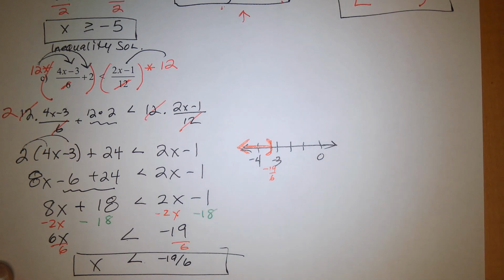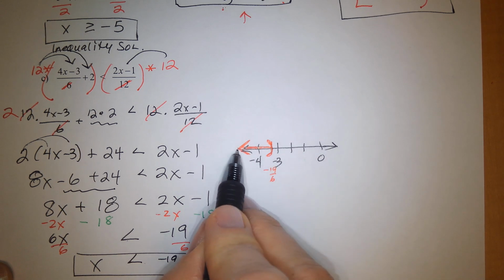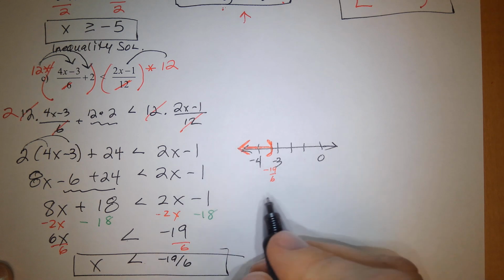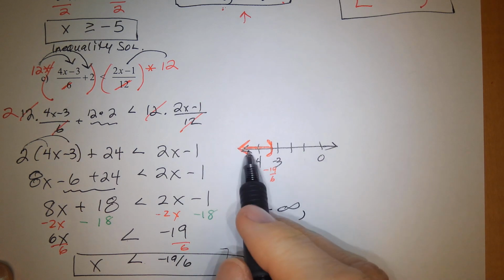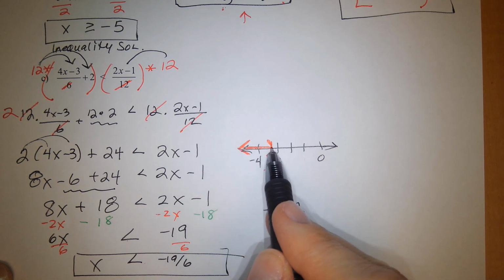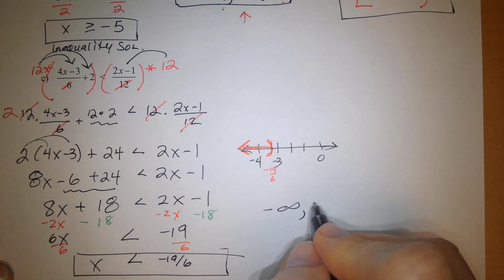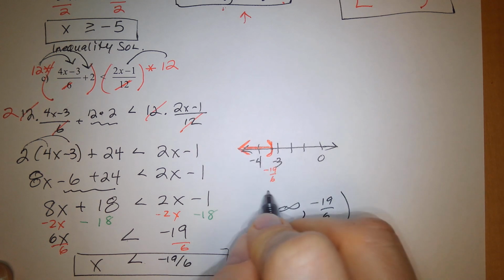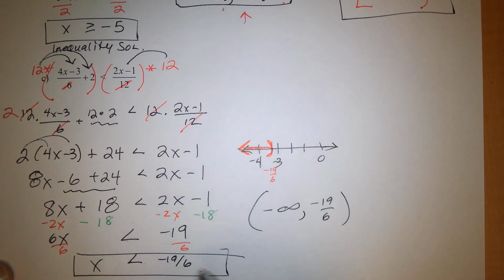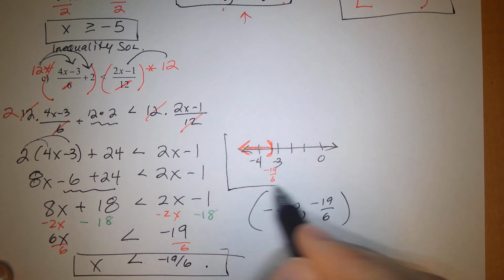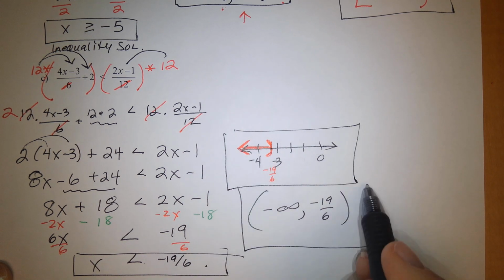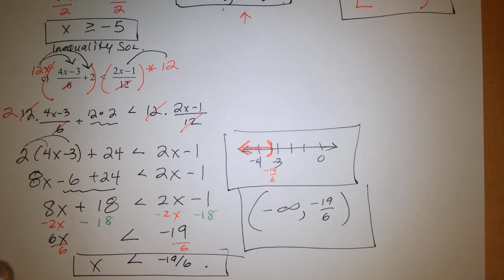So I would shade everything to the left. In interval notation, we start with the smallest number on the left, which is negative infinity. And it goes up to the biggest number on the right, which in this case is negative 19.6. So we have inequality, graphical solution, interval notation solution.